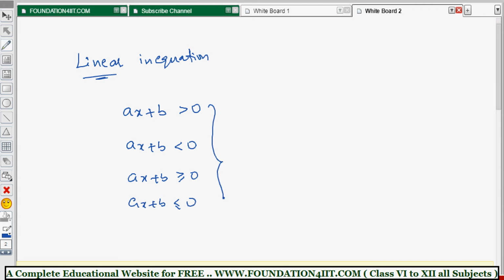Any one of these forms, where a and b are constants and x is a variable. Here a and b are real numbers, and a should not be equal to 0. This is called a linear inequation in x. So these are the linear inequations. And now I'll explain replacement set and solution set.